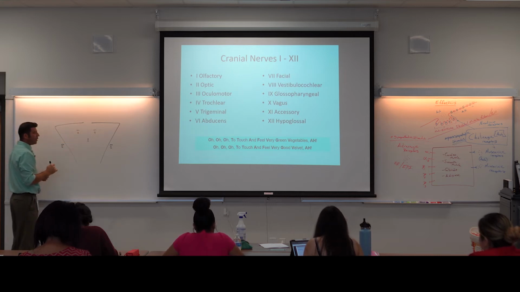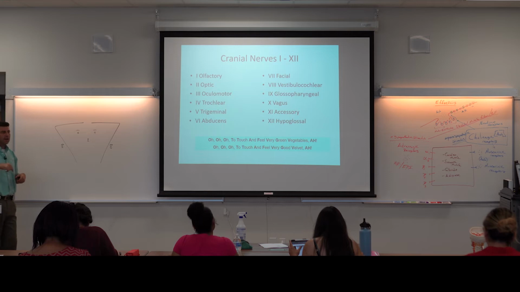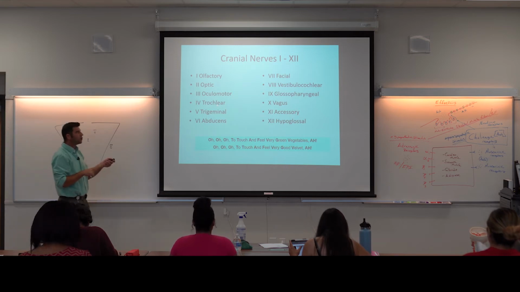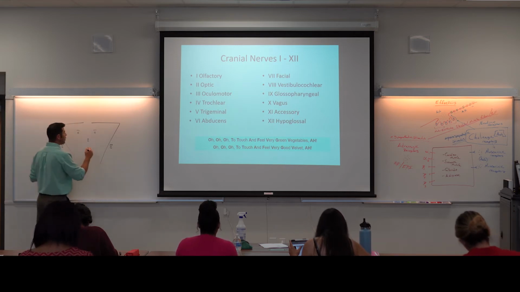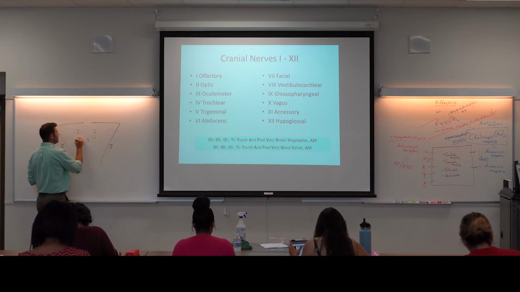Then if you're making someone follow the light in some kind of sensory test, and they're not able to move their eyes in an inferior direction, then there's a problem with the trochlear nerve. So number 4, I'm going to put little number 4s right underneath the eyes.